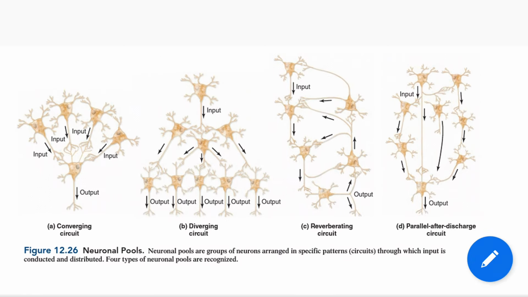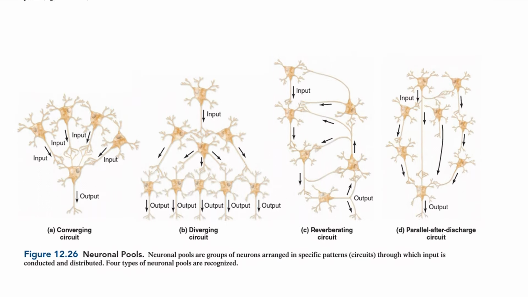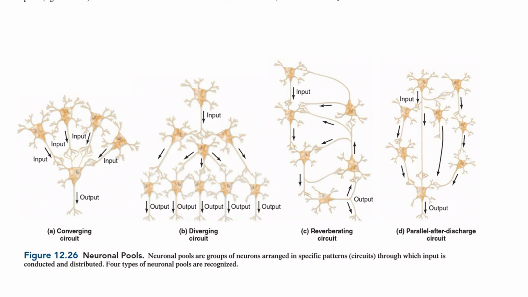Now here in this figure also, many neurons are shown, and as you go through this figure, you will realize that there are various synapses present, and you see the manner in which the neurons are communicating with each other.